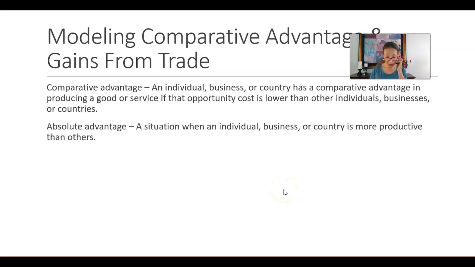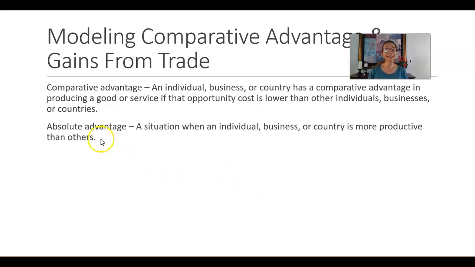We also use the production possibilities curve for modeling what we call comparative advantage and gains from trade. Comparative advantage is when an individual, business, or country can produce a good or a service at a lower opportunity cost than other individuals, businesses, or countries.